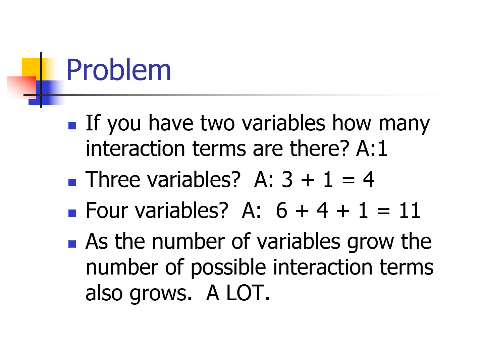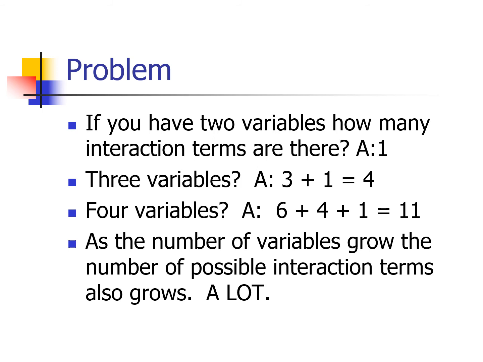How many possible interaction terms are there for 4 variables? 6 plus 4 plus 1. I'll leave it to you to write them all out, but there's 6 pairwise interactions. x1 times x2, x1 times x3, x1 times x4, x2 times x3, x2 times x4, and x3 times x4.